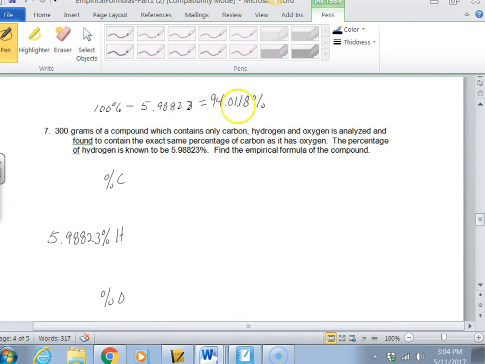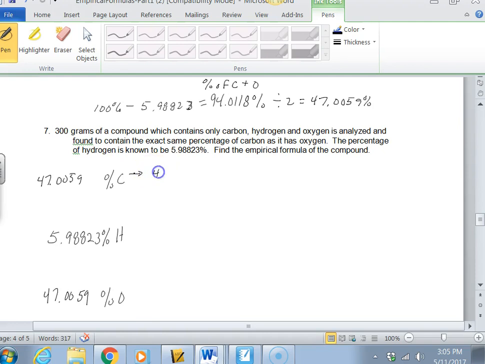And of course, since this is the percent of carbon plus oxygen, if we divide that by 2, we'll have their individual percentages. And that comes to 47.0059. Okay, so that means we have 47.0059% carbon, same thing for oxygen.